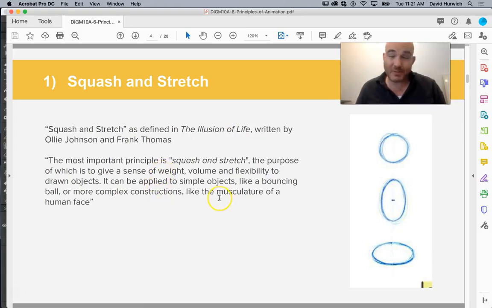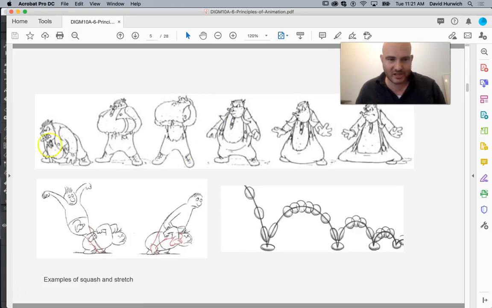We did the bouncing ball, but it doesn't just have to be a ball. It could be characters that are exaggerated. Does squash and stretch happen in real life? A little bit, not obviously to the extreme that happens in cartoons, but the point of a cartoon or animation is not to mimic reality, it's to extend reality.